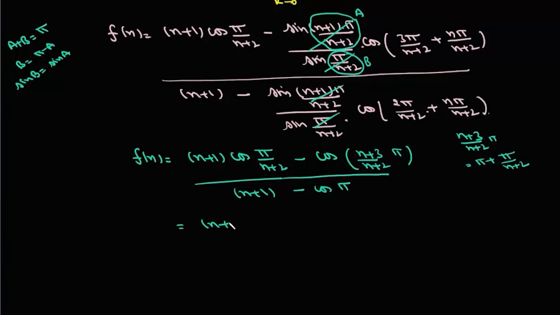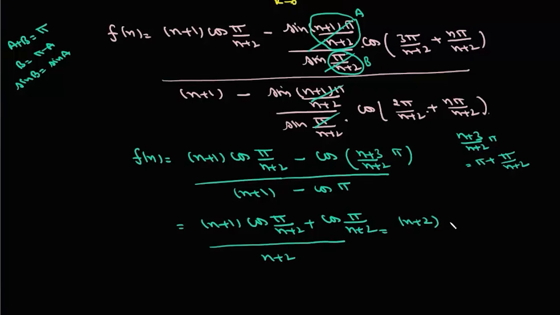So we can write this as (n+1) cos(π upon n+2) plus cos(π upon n+2), and cos π is −1, so that will be n+2. So we'll get (n+2) cos(π upon n+2) upon n+2. Now this n+2 will cancel. So our function fn is nothing but cos(π upon n+2).